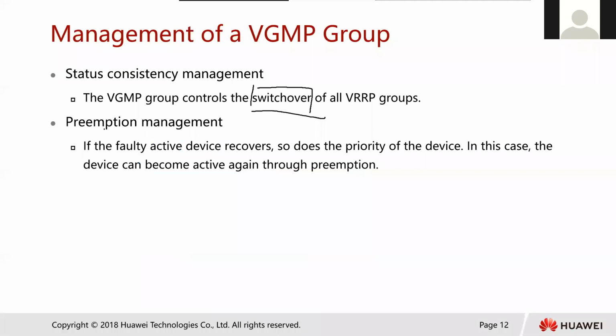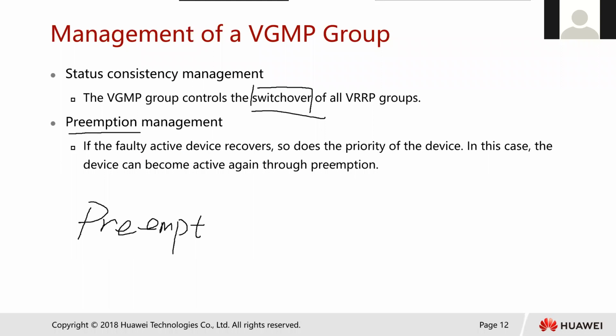And there comes another concept, we call it preempt. If the faulty active device recovers, so does the priority of the device. In this case, the device can become active again through preemption.